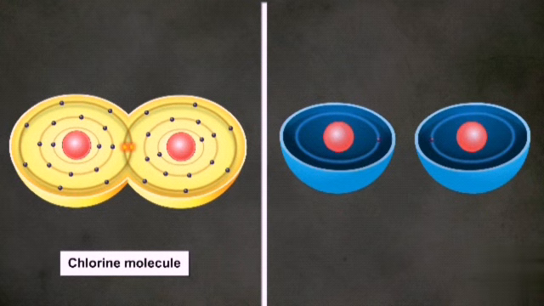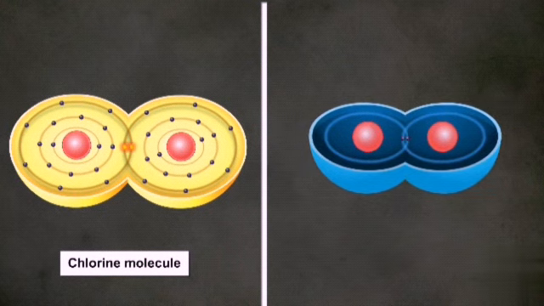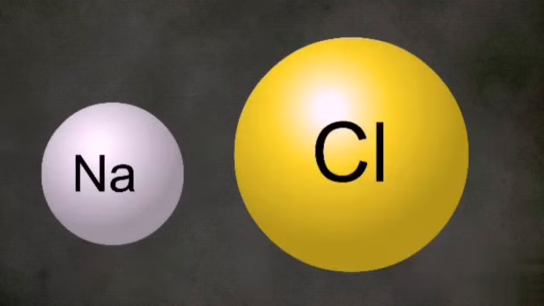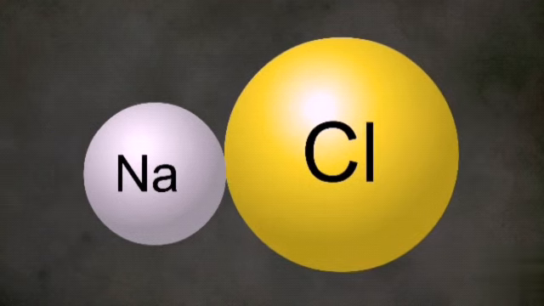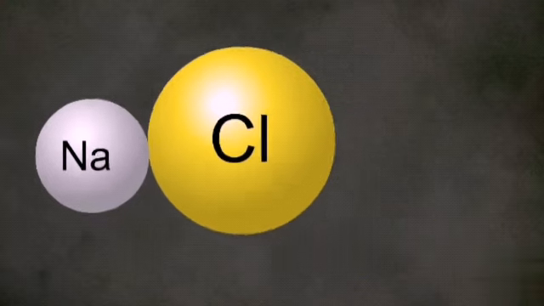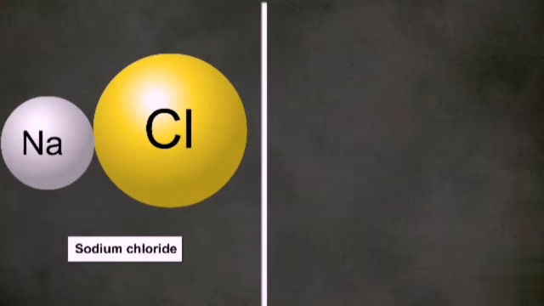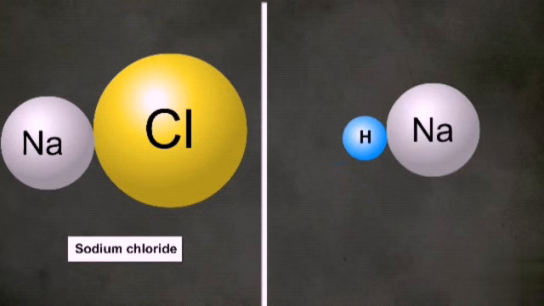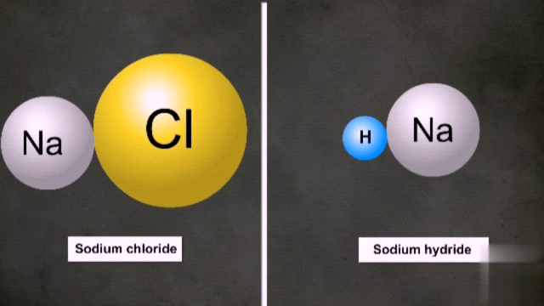Similar is the case with hydrogen. It exists as H2, that is hydrogen molecule in which two atoms of hydrogen are combined through the covalent bond. And the other similarity is that halogens combine with alkali metals to form metal halides. Also, hydrogen combines with the alkali metals to form metal hydrides.